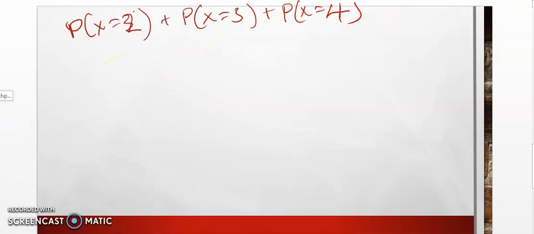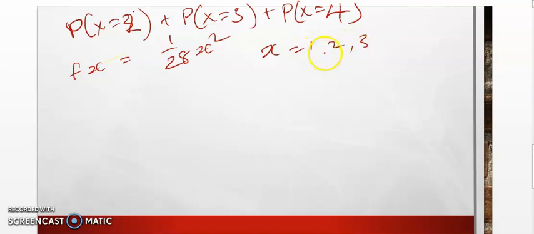Remember, from our original equation, we had this function that f of x is given by 1 over 28 x squared, and this takes the form of x equals 1, 2, 3.